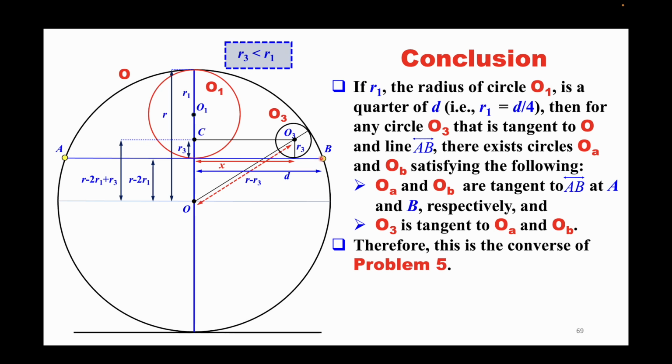So our conclusion is, if R1, the radius of O1, is a quarter of the half length, that is R1 equals D over 4, then for any circle O3, there exist circles OA and OB, which are tangent to A and B respectively, and OA, OB are tangent to each other, and O3 is tangent to OA and OB.